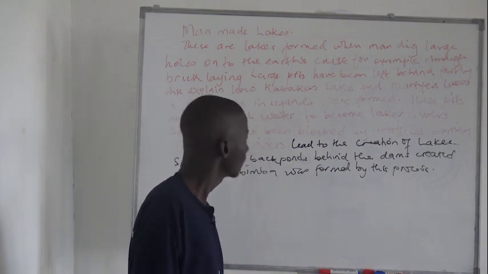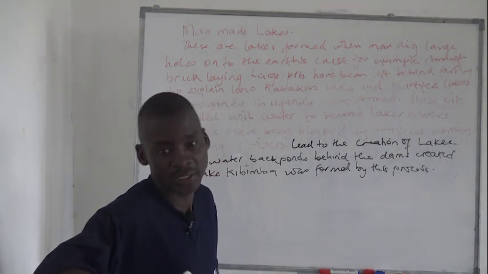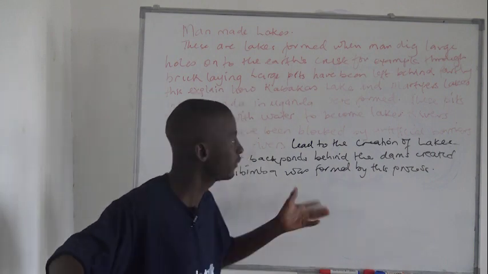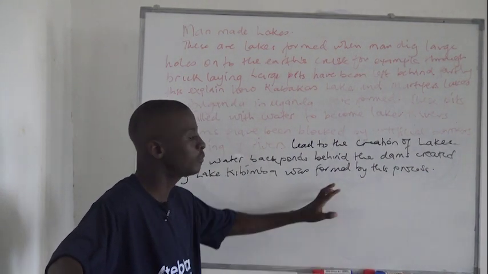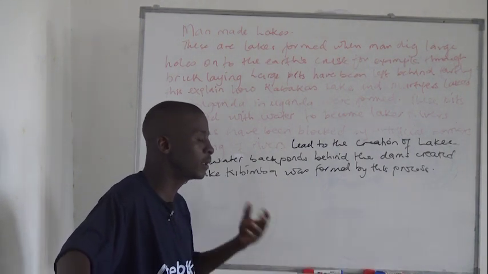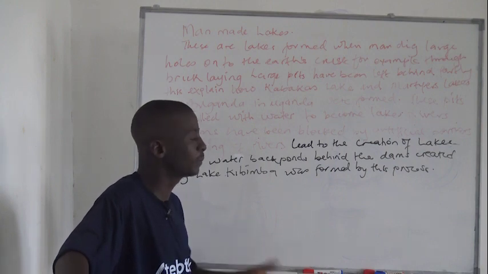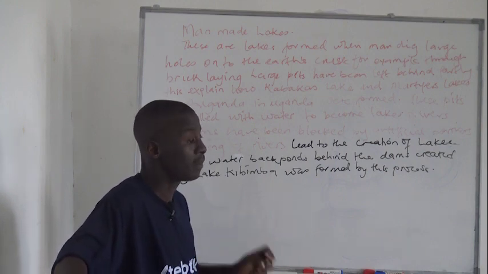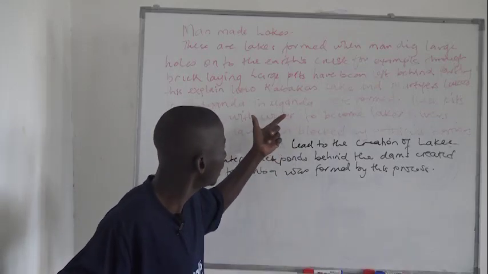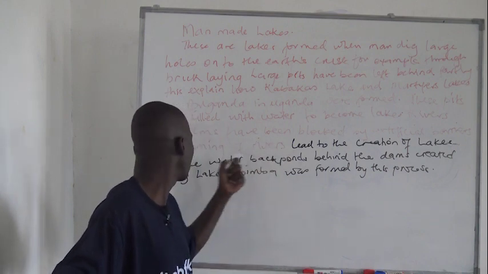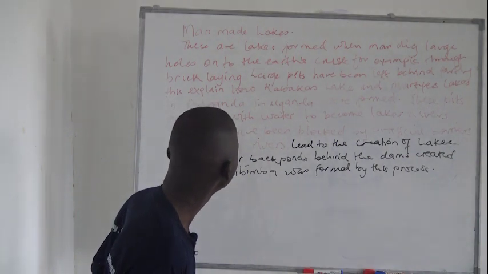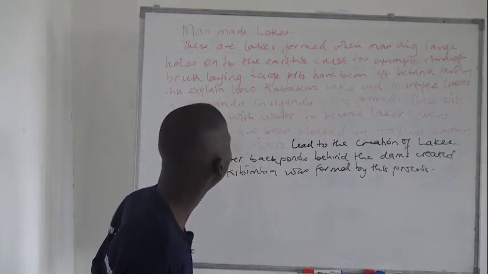So briefly, those are the types of lakes and how they were formed. We group them depending on whether they are depositional lakes or man-made lakes. I've given you examples of man-made lakes: Kabaka's Lake and Mata's Lake together with Lake Kibimba. All these lakes are formed by man.